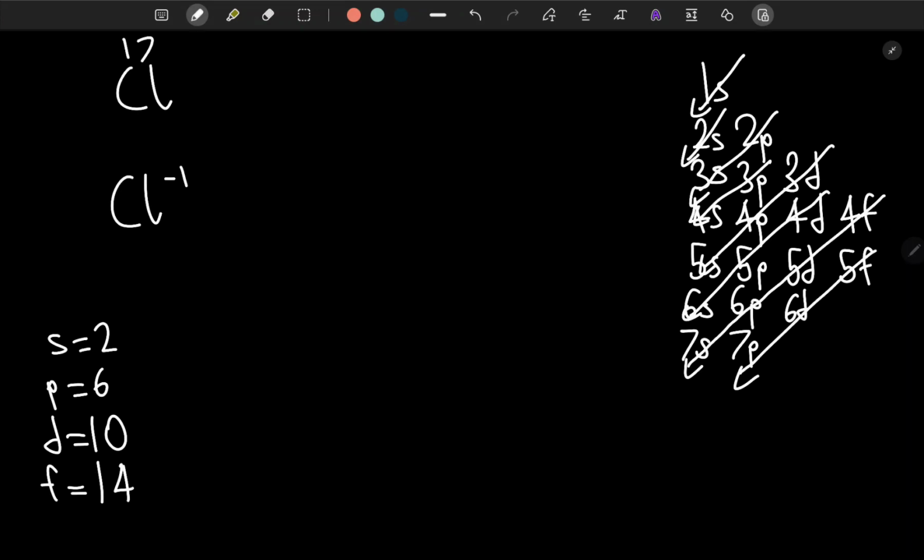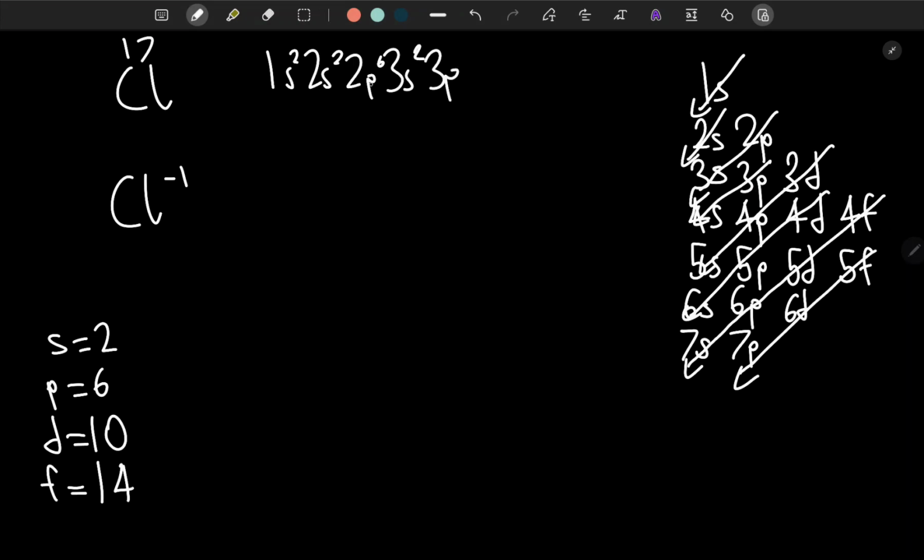In our last example, we want to write the electronic configuration for Cl-1, meaning that there is a -1 charge, an extra electron, and the normal Cl contains 17 from the periodic table. So let's write for the Cl normally. 1s2, 2s2, next is 2p6, we already have 10, so 7 left, and next is 3s2, and next is 3p.